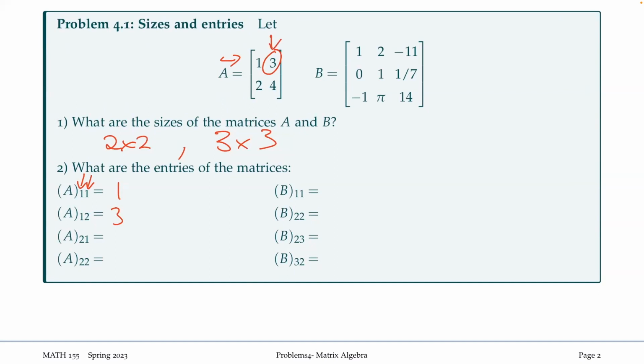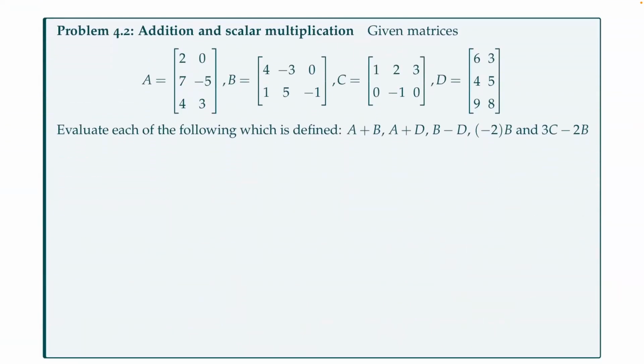A21, A22, B11, B22, B23, 1, 7. So second row, third column. B32. Okay, great. Nice and easy.